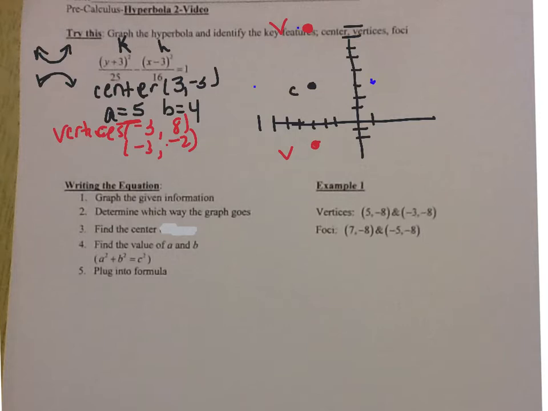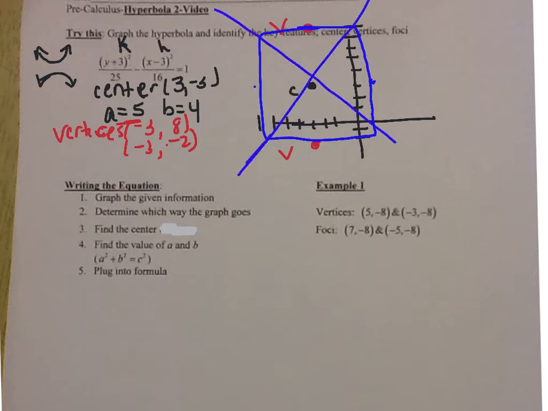Okay, draw your box. It should be light, it shouldn't be really dark. Draw in your asymptotes, that's the corner to corner. And draw your hyperbola approaching the asymptotes.